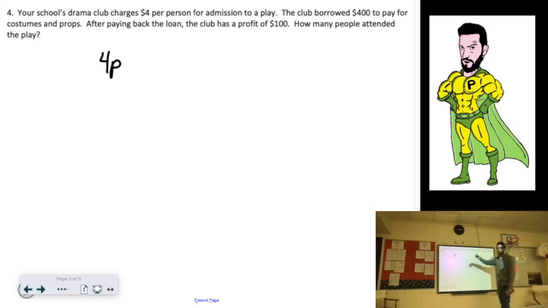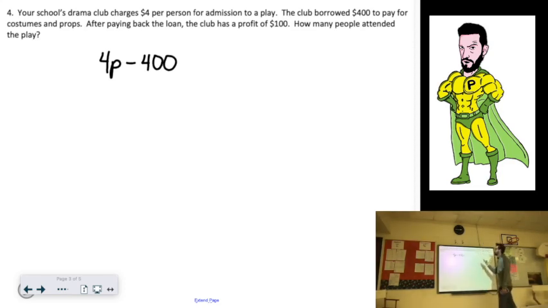Now, if you're borrowing money, what does your brain tell you about that? Is that positive money or negative money? It's negative money because you've got to pay that back. If you take out money, you pay it back. So we're getting $4 per person, but we're also going to lose that $400. We have to pay that back.